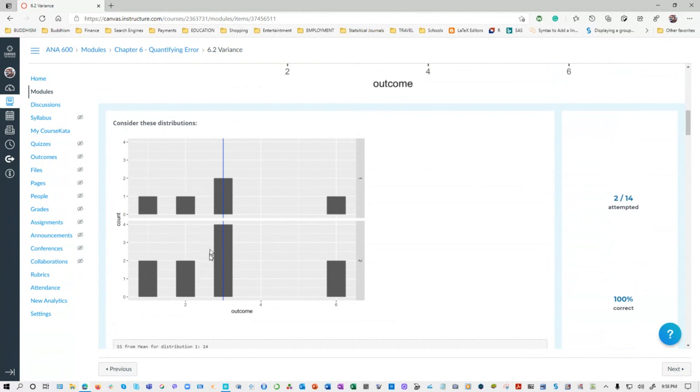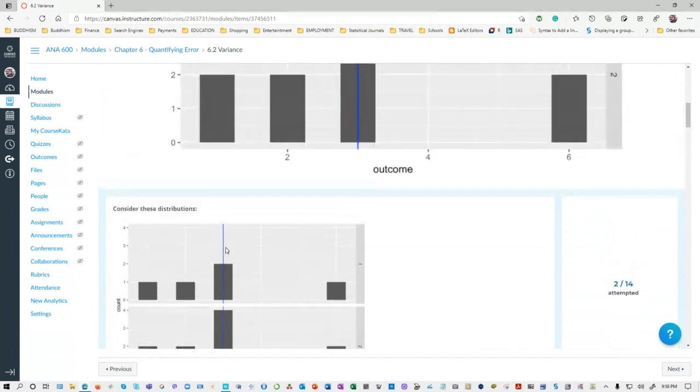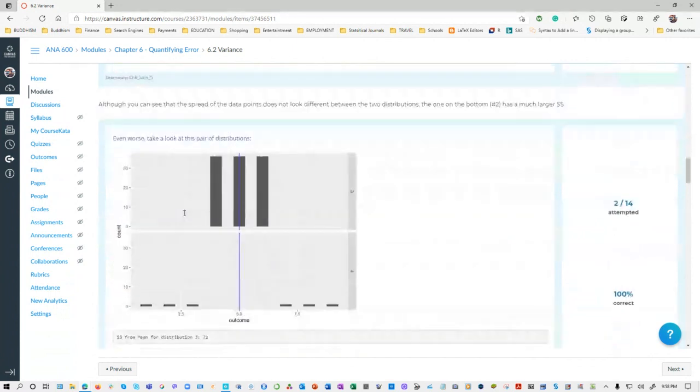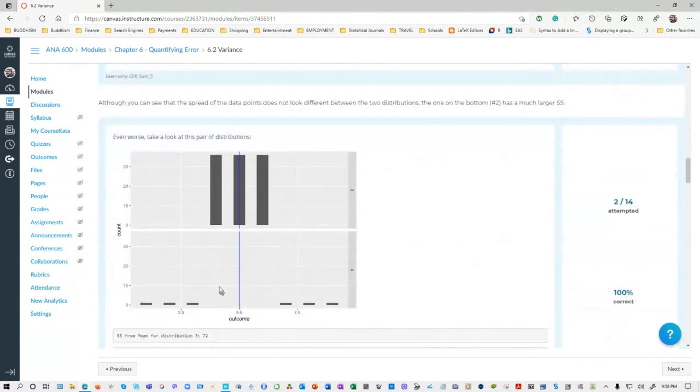I'm going to compare and contrast these two distributions. Same mean, but sample sizes different here and here. See? But the spread the same. Then sums of squared residuals are different here. Sample size different if you're going to compare these two. Spread different, okay?